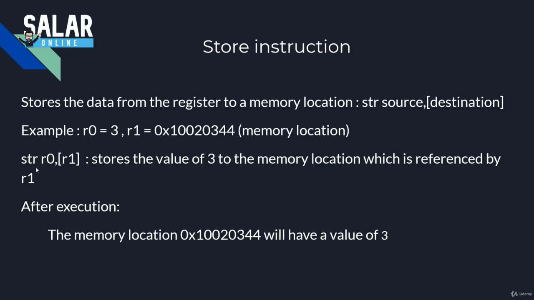So when this instruction is executed, that is STR R0, R1, this stores the value of 3 to the memory location which is referred by R1. So after execution, the memory location that is referred by R1, that is this location, will have the value of 3.